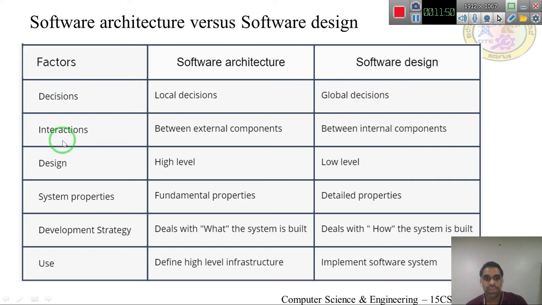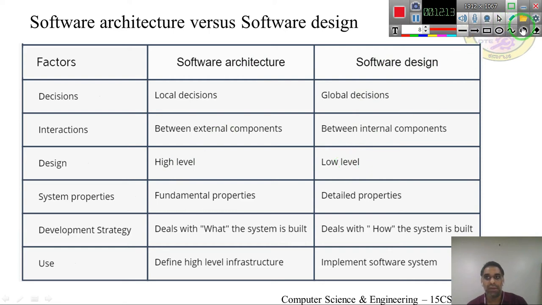Then interaction: in software architecture, interaction happens between external components, whereas in software design interactions happen between internal components. Then with respect to design, in software architecture it is high level, right, whereas in software design it is low level.